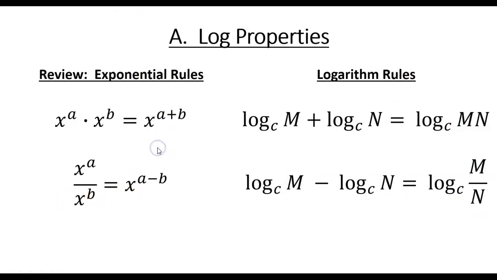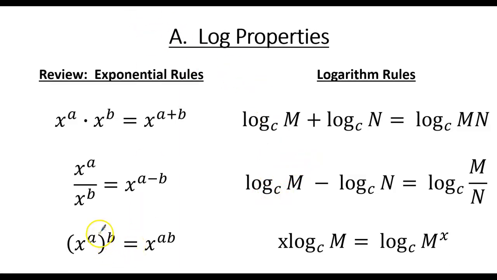And finally, we have this exponential rule. If you have x to the power of a, and that whole thing is being raised to the power of b, you can just multiply their powers together. Okay? So let's take a look at the log rule that matches that.